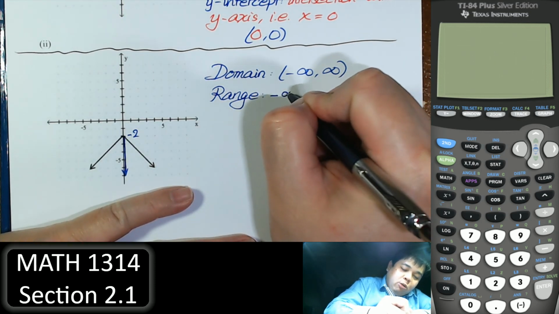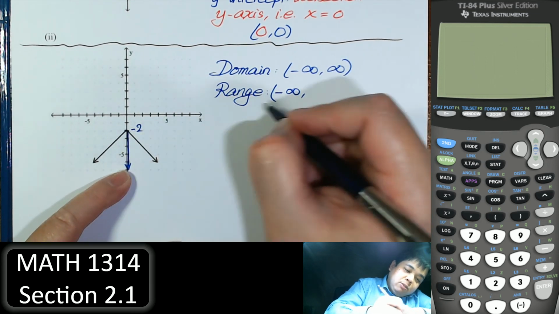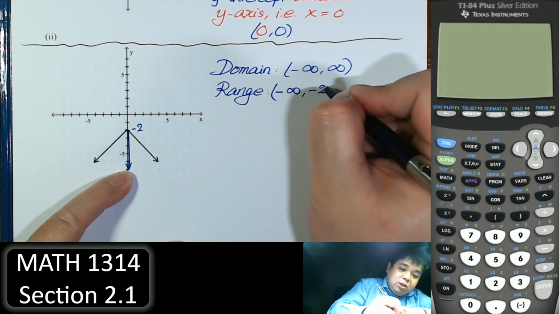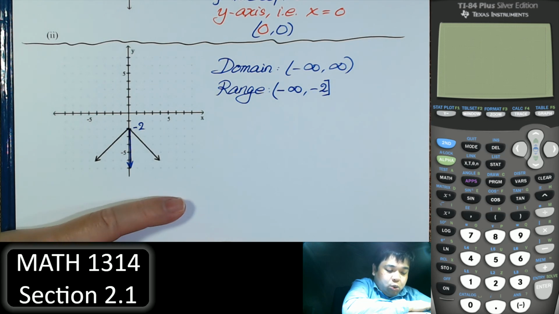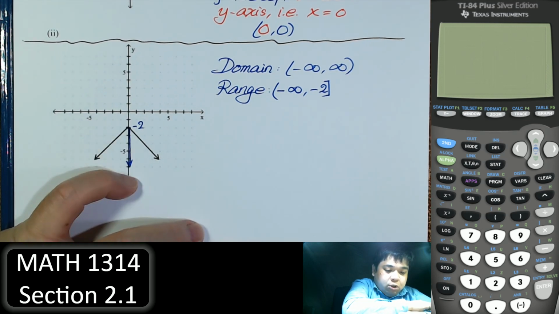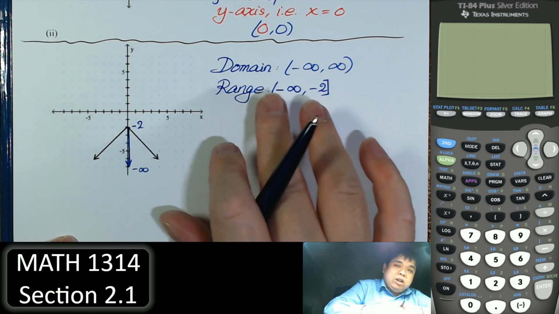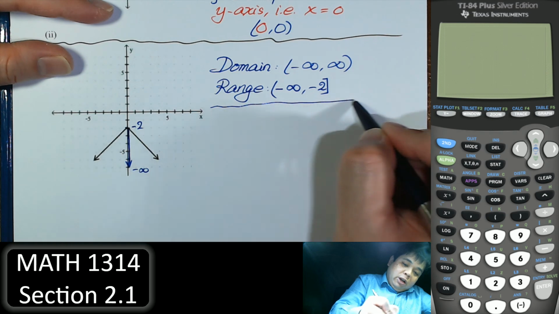But we write the smaller number first, so -infinity up to -2, and by default there's no empty circle, so that is a solid dot including -2. So -infinity to -2, always the smaller number first, then the bigger number. Right, so that is the domain and range.